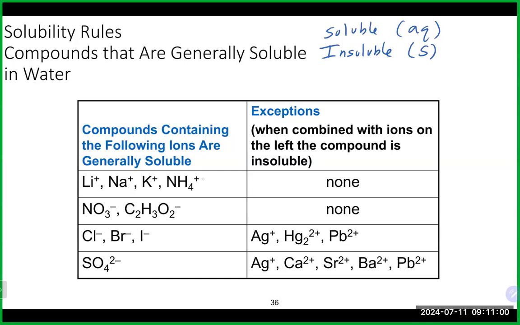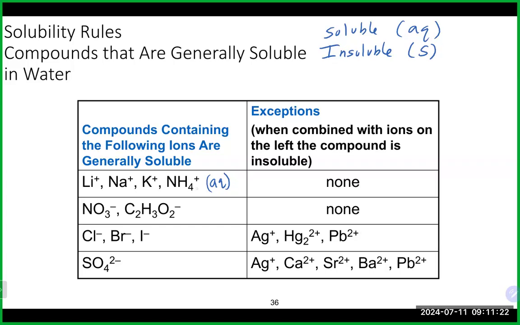So if you see any of those in a formula, they're going to be aqueous, no solid is going to form, everybody's just floating around in the solution, free as ions. There are no exceptions on the right-hand side here, which means as soon as you see it, it doesn't matter what it's attached to, it's always going to be soluble.